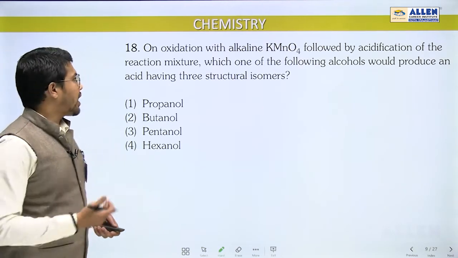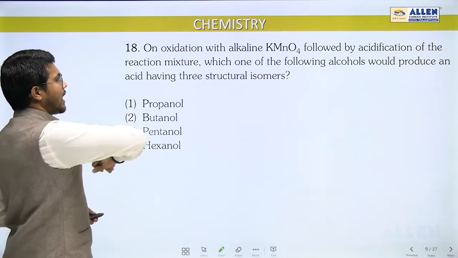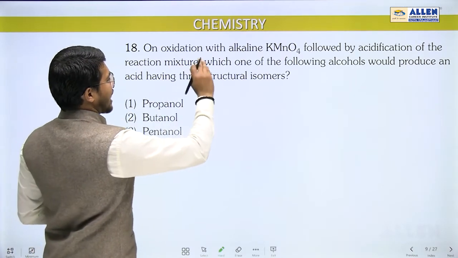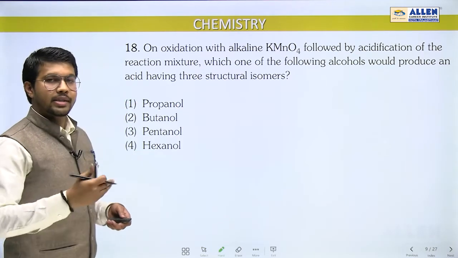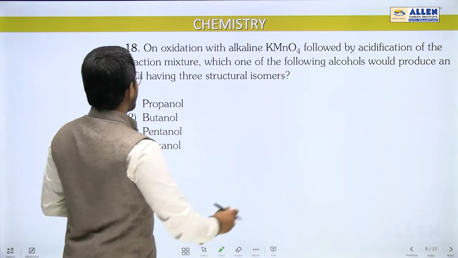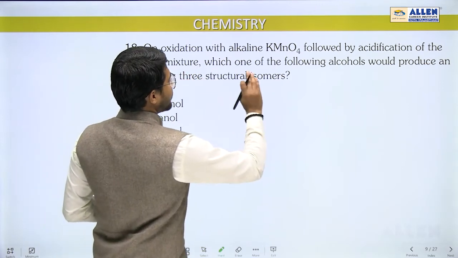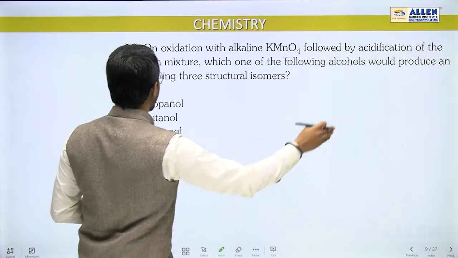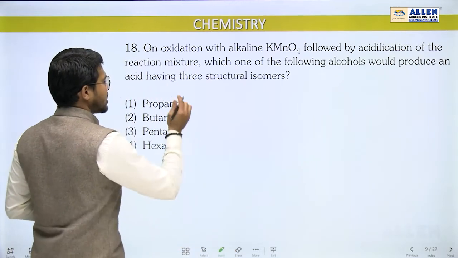Students, coming on to our next question, that is the 18th one. It is saying on oxidation with alkaline KMnO4, a strong oxidizing agent, followed by acidification of the reaction mixture, which one of the following alcohols would produce an acid having 3 structural isomers. This is important.